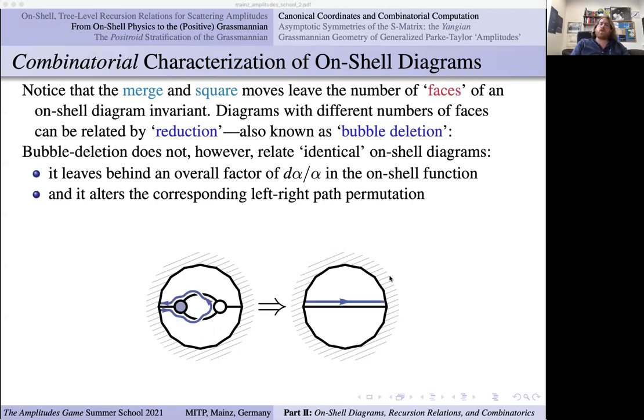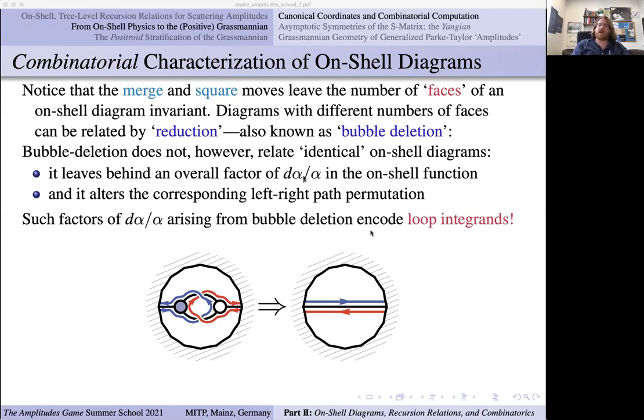And it does change the permutation, by the way. So the number of reduced on-shell diagrams is characterized by permutations. And then there's an infinite tower of extra bubbles that does not really affect the on-shell function. It just adds a d alpha over alpha in a trivial way.